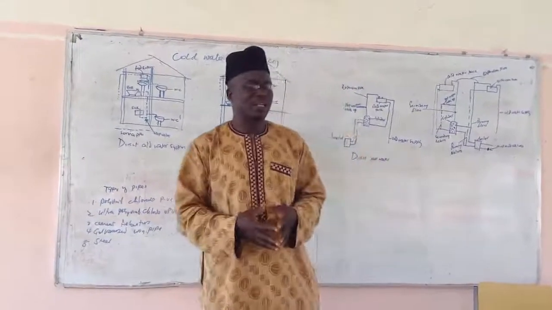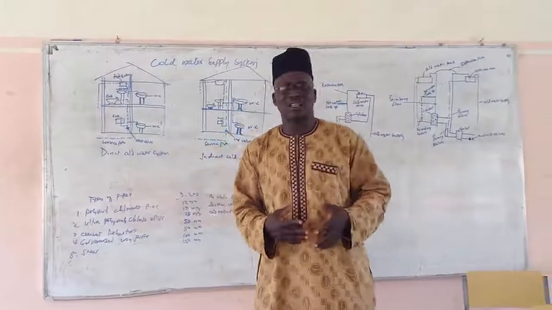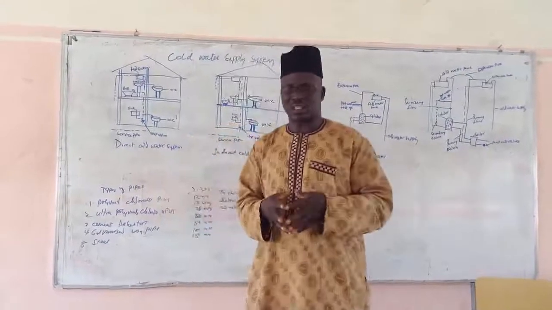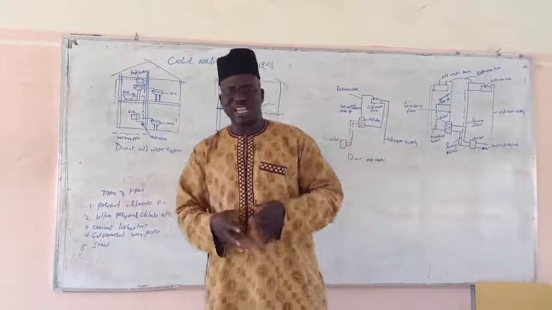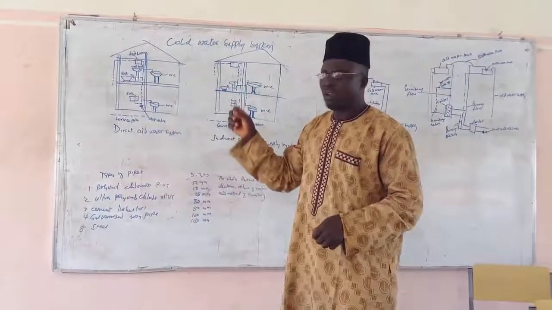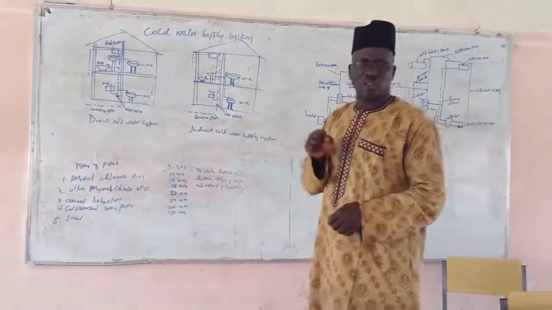Having heard about the direct water supply system and the indirect water supply system, their advantages and disadvantages, we shall now look at a sketch, a diagram demonstrating the features of the direct water supply system.